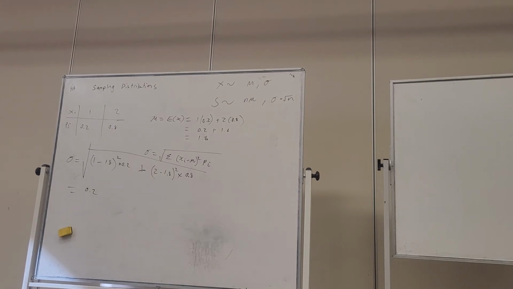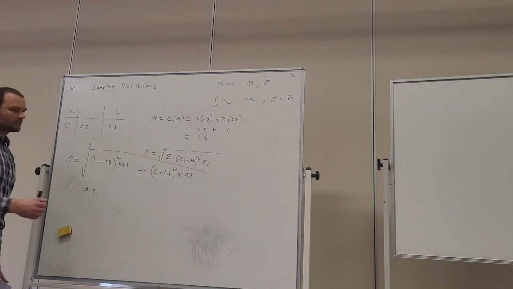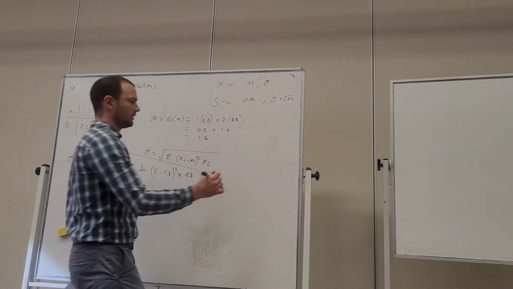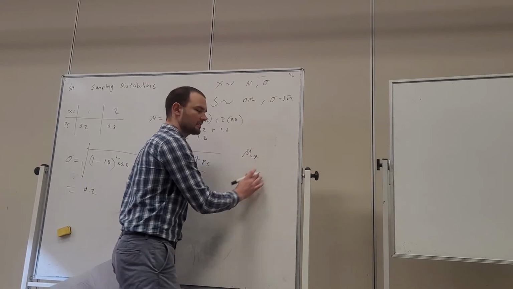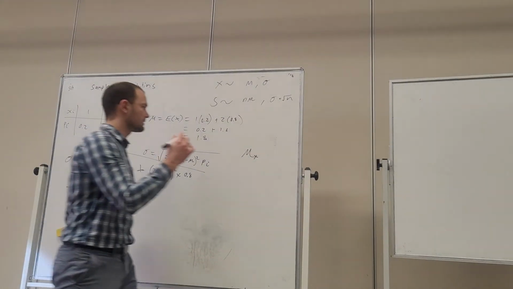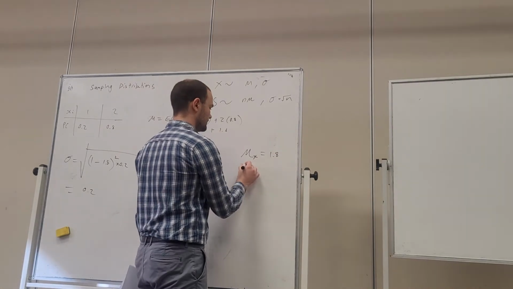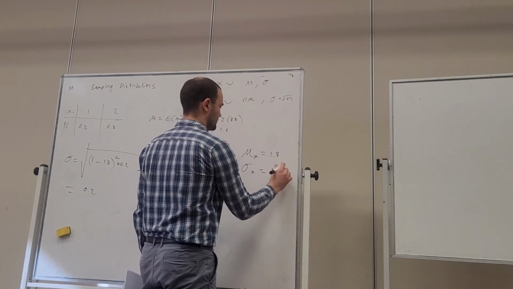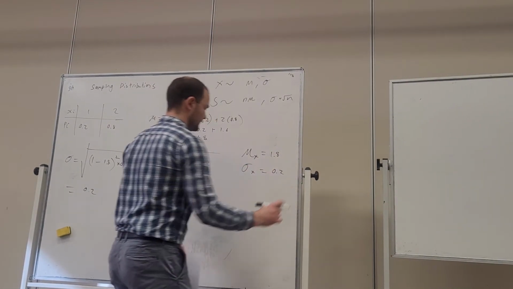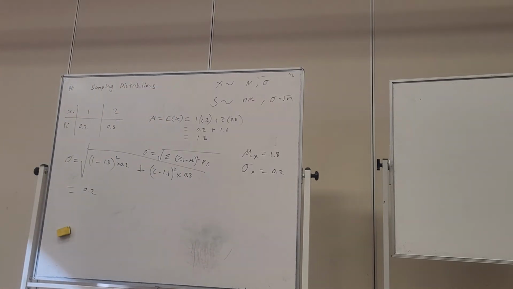So we've found the mean and the standard deviation of x, and one way we can write that is: the mean of the variable x is 1.8, and the standard deviation of the variable x is 0.2.